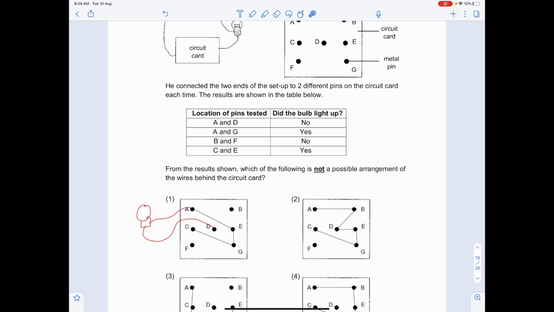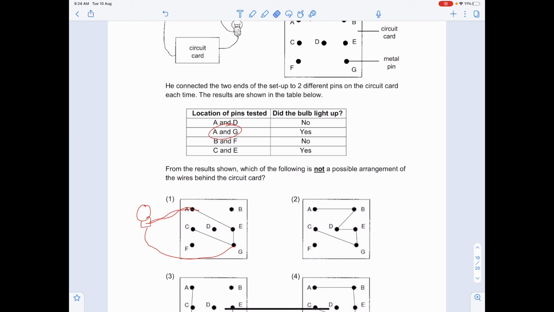The circuit is not complete. So this is correct. Then you can redo for A and G, which is the next one. Once again, the circuit is complete in this case. If you run through the circuit, it is complete and it will light up.